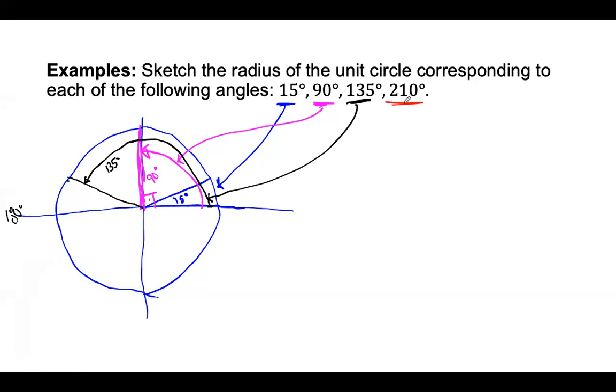And the last one, 210. Again, we start here, we go to 180, but then it's about 30 degrees more than 180. So then we keep going. So go to here, and then a little bit more.